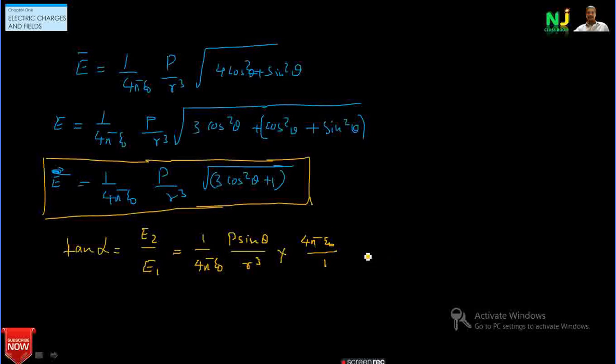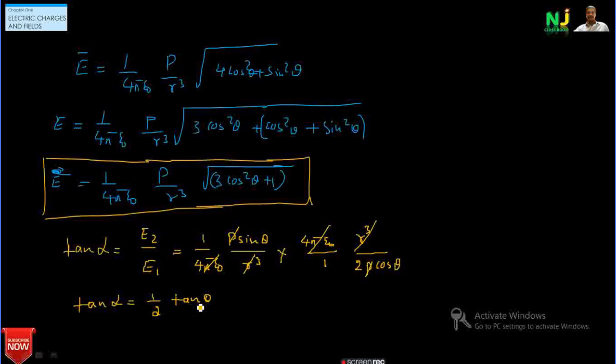The r cube, 4 pi epsilon naught and p cancel. So tan alpha is equal to half of sin theta by cos theta, which is half tan theta. Therefore alpha is equal to tan inverse of half of tan theta.